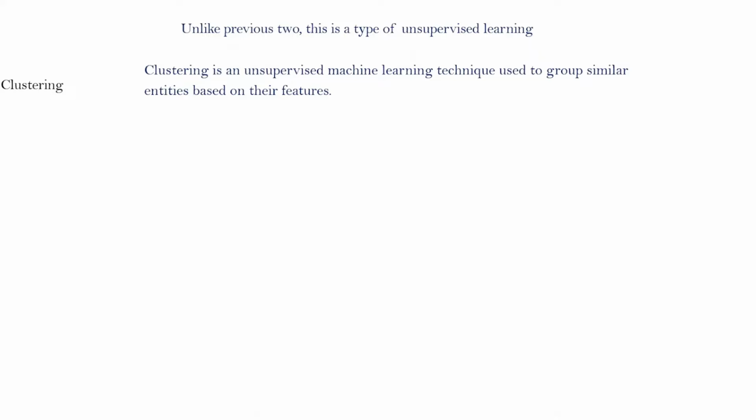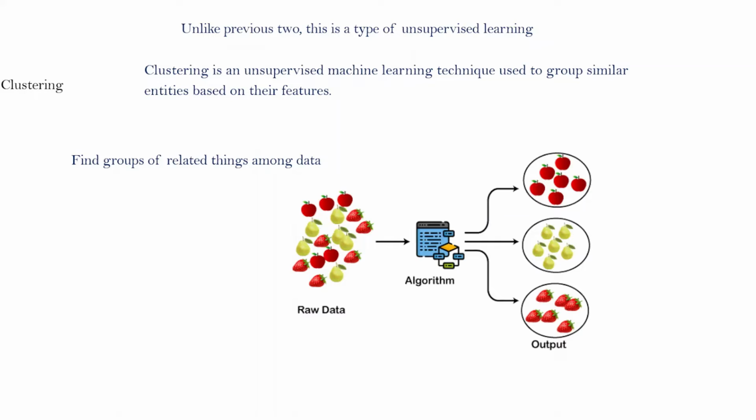So first let's understand what it means. Clustering is an unsupervised machine learning technique used to group similar entities based on their features. Again, this line is from the Microsoft Azure learning portal. If you go into detail, it finds groups of related things among data. Let's take this example.